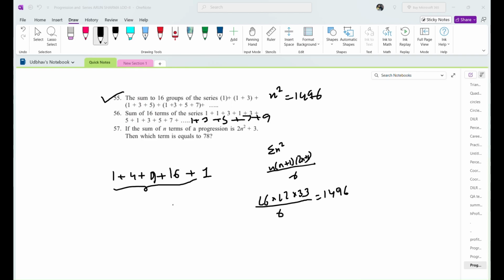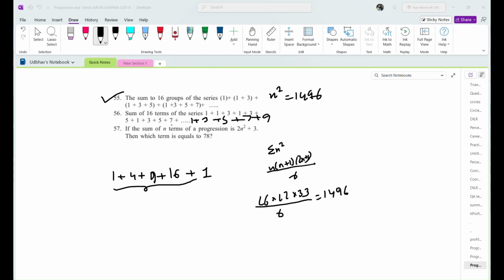1, 1, 3, 1, 3, 5, 1, 3, 5, 7. 1 plus 4 plus 9 plus 16.